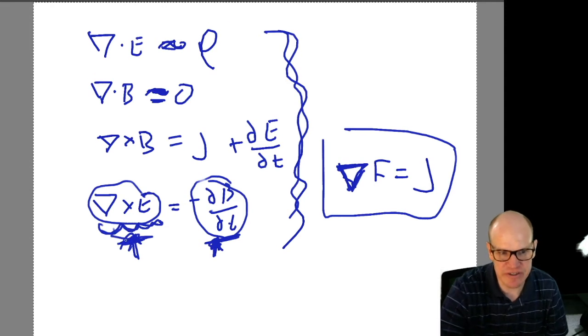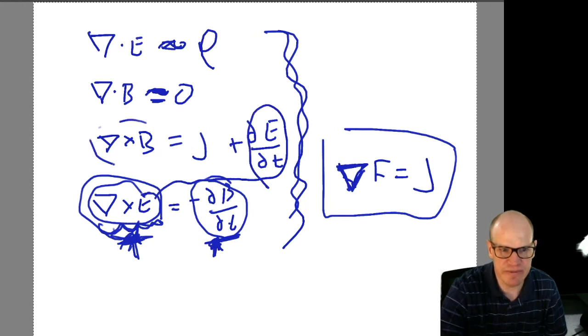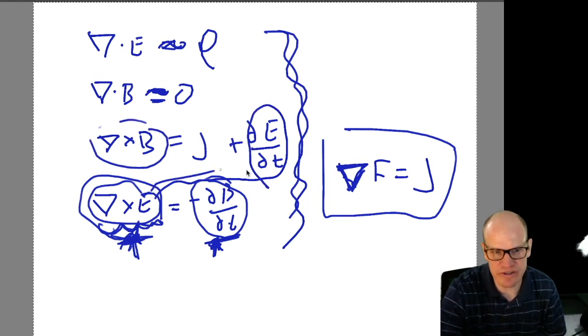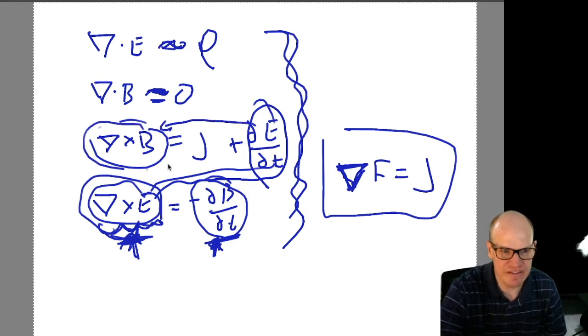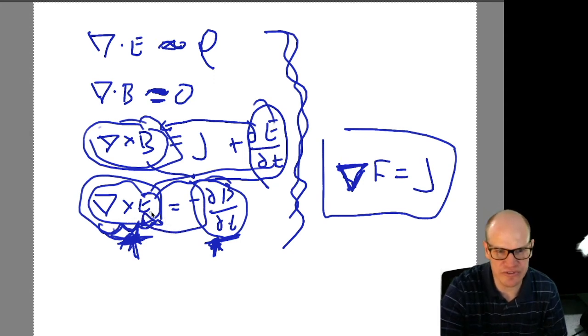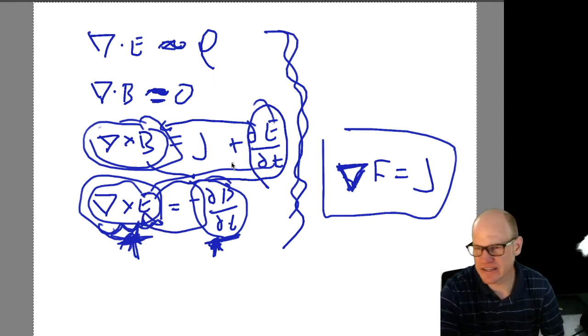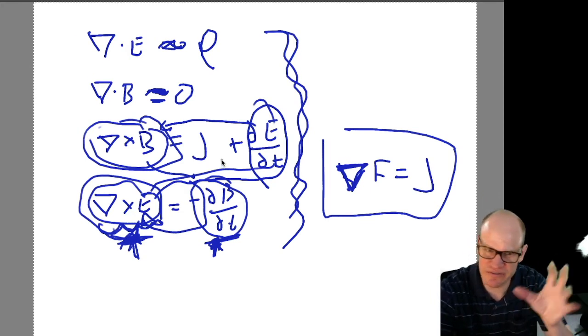So there's a time varying electric field. Well, if there's a time varying electric field, then that implies right here that there is also a time varying magnetic field. So the time varying electric field will induce variations in the magnetic field, and the time variation of the magnetic field will induce variations in the electric field. There are some multiplicative constants that I've ignored.